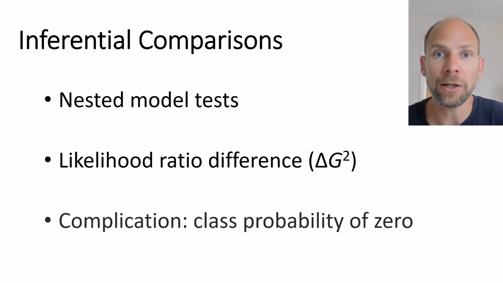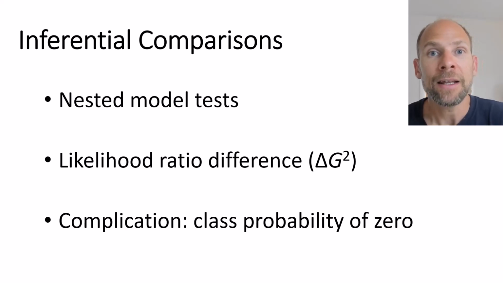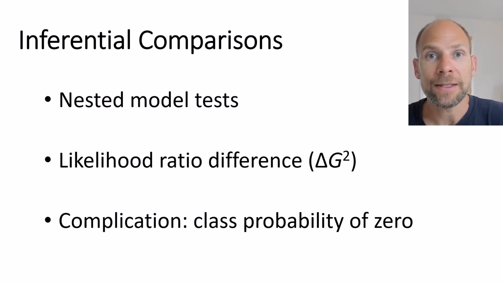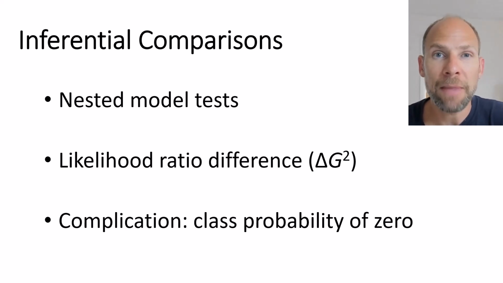And there's one additional complication, and that is that the model with one fewer class is a special case of the model with one more class. However, it follows by setting one of the class probabilities to 0. And 0 is a boundary value for probabilities, which is why this is somewhat complicated for a chi-square difference test, because then the delta G squared may not follow a theoretical chi-square distribution because of that boundary constraint.